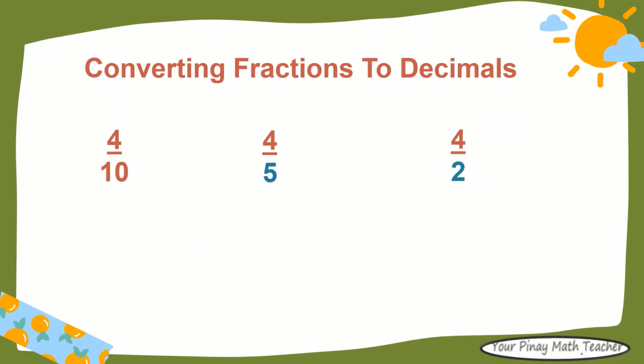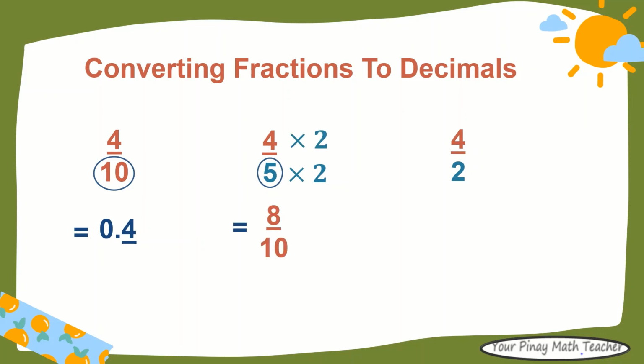How about 4 tenths? The denominator is already 10. So directly change it to a decimal, 0.4. But since our denominator here is 5, change it to 10 by multiplying it by 2 and do the same with 4. So we get 8 tenths, which is equal to 0.8.